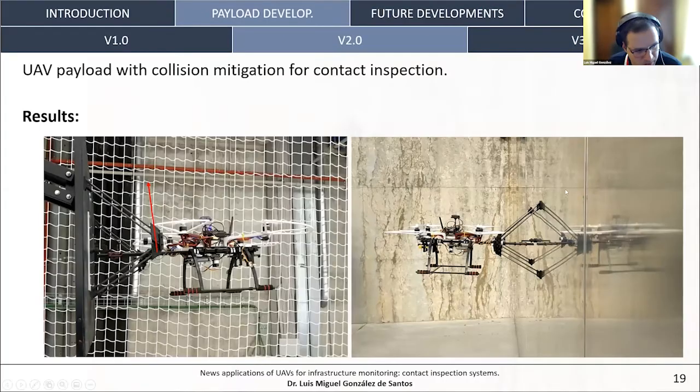We used the system on this wall that has a metal sheet on the exterior of the wall. And of course, we are not focused on the development of the contact sensor. We are focused on the development of the payload to perform this contact inspection.